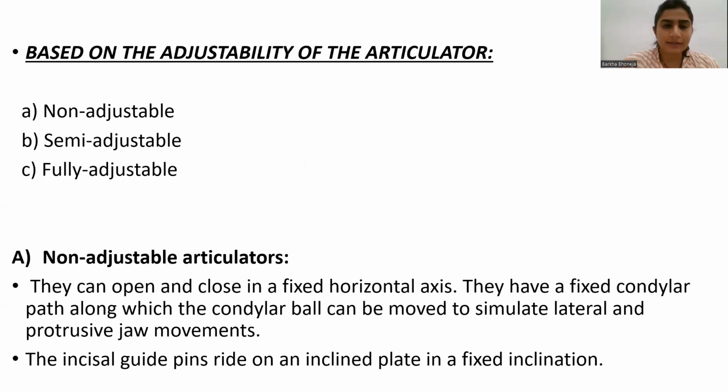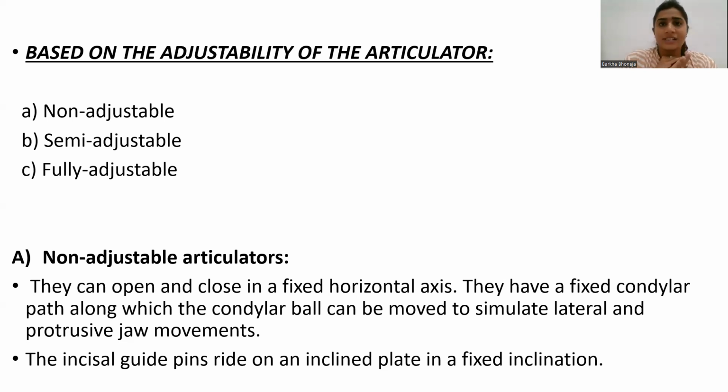Based on the adjustability of the articulators, articulators can be divided into 3: non-adjustable, semi-adjustable, and fully adjustable articulators. Non-adjustable articulators, just like we have previously discussed, the class 1 articulator, which is a slab articulator, can only take a vertical relation of centric relation.